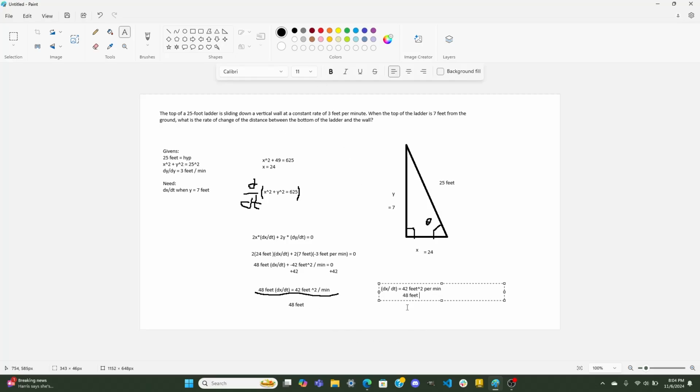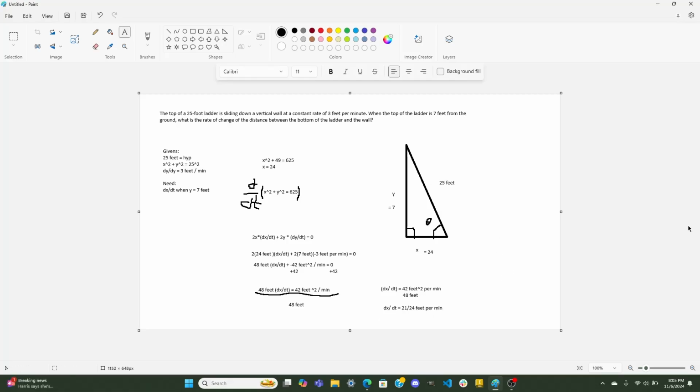So now we can simplify, and we need to change the units so that they're actually correct. Since we have feet squared on top and feet on the bottom, we can get rid of one of them. And we can simplify 42 over 48 to finally get dx over dt equals 21 over 24 feet per minute.